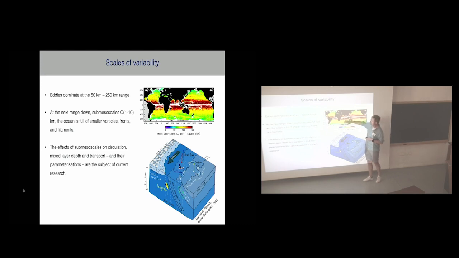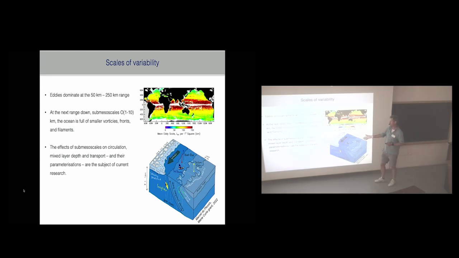And as we go towards the poles and f becomes higher, we can create these balanced flows that are on the order of around 10 to 15 kilometers. So if we go at a scale below that, we get into the submesoscale. This is the 0 to 10 kilometer variability in the spatial scale, where the ocean is full of these vortices and fronts and filaments, etc.